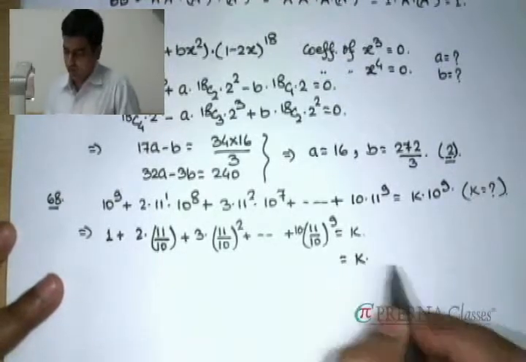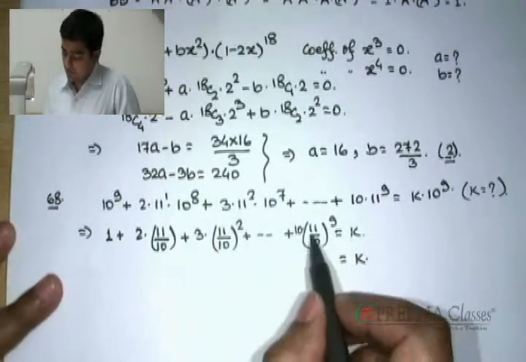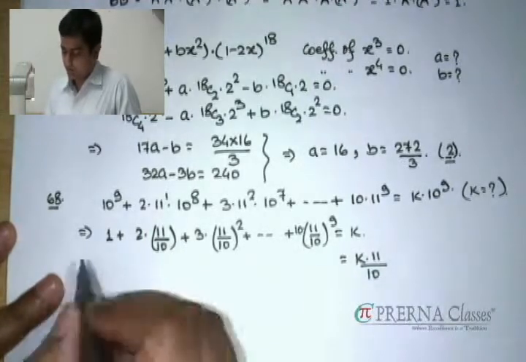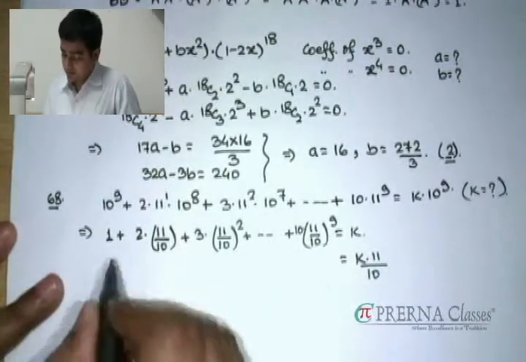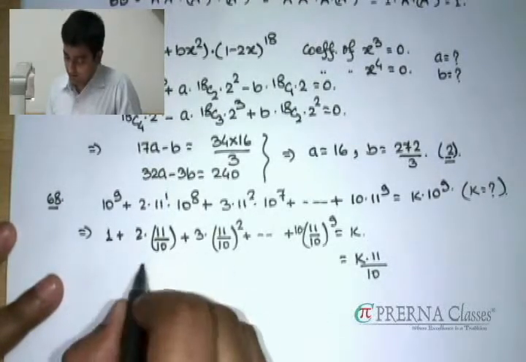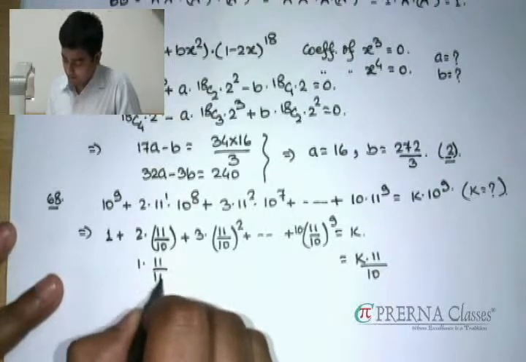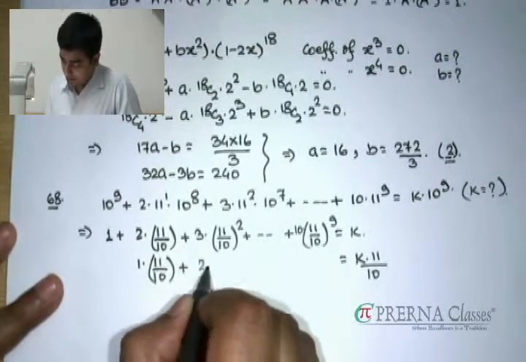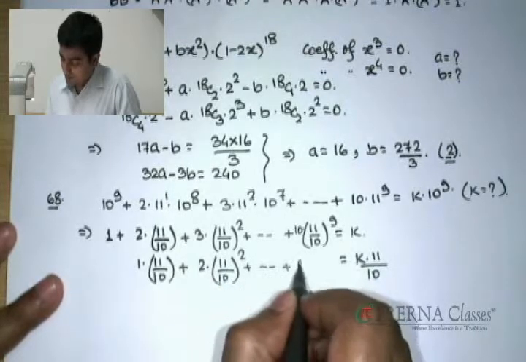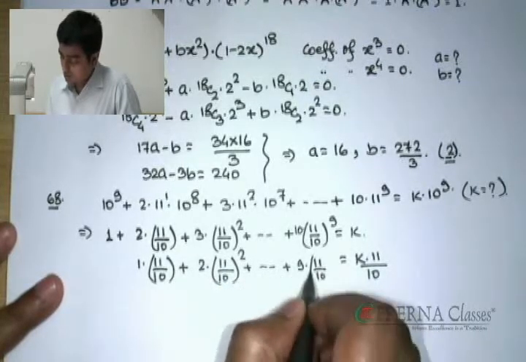Generally what we do in AGP series is we multiply that AGP series with the common ratio of the GP part, that is 11 by 10 in this case, and we push all the terms by one unit. So this first term 1, you'll find that that is going to match with this expression. Then we have 2 into 11 by 10 whole square and so on.